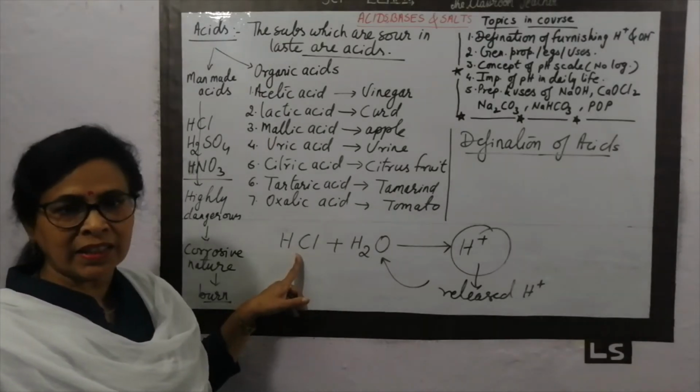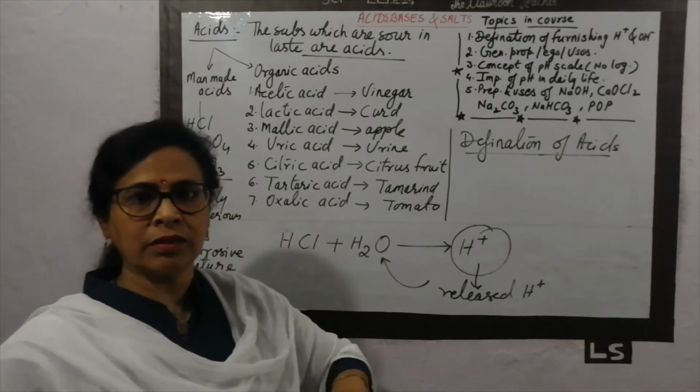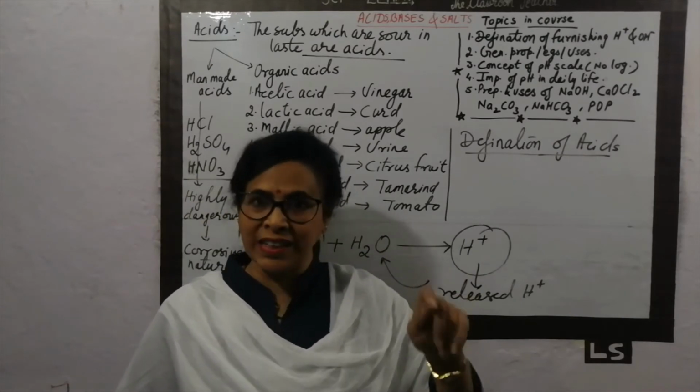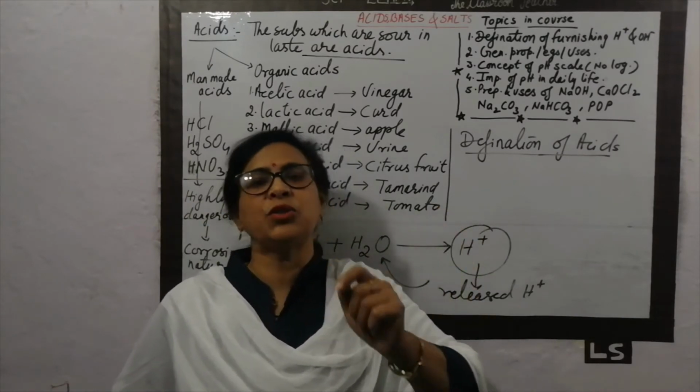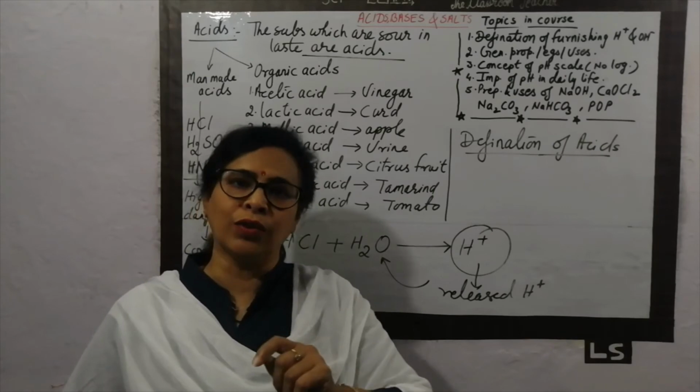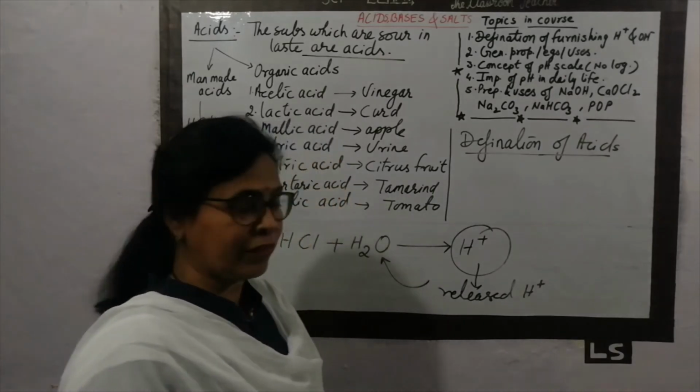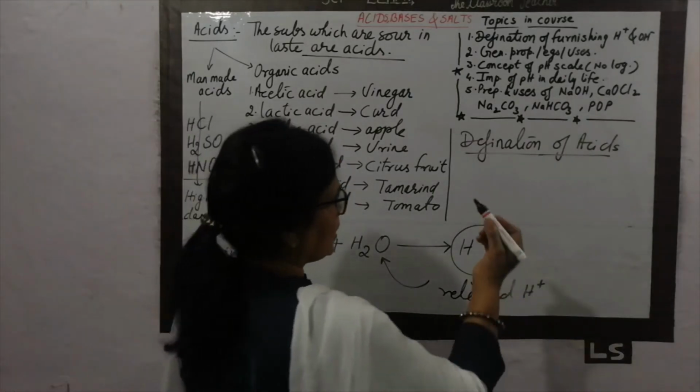What is an acid? Acids are solutions which ionize or dissociate to release H plus ion when they dissolve in water. So that is the proper definition for the acids. What are acids?